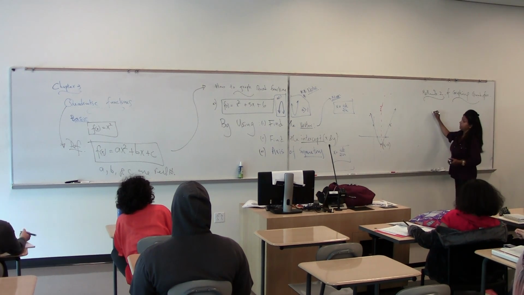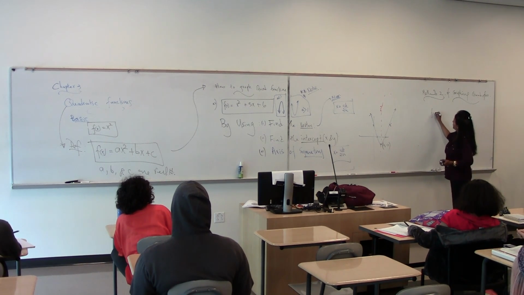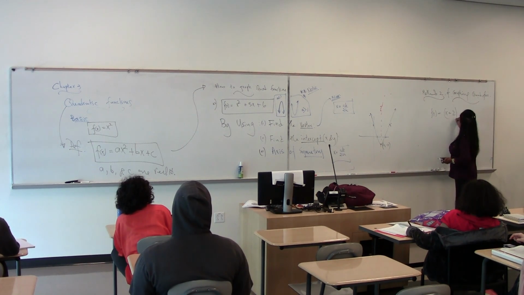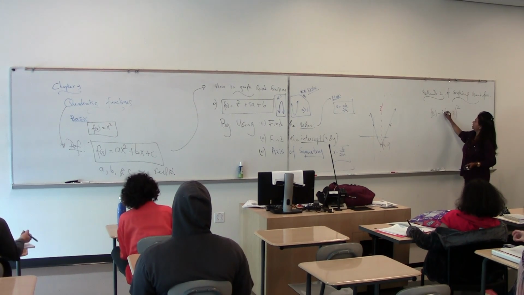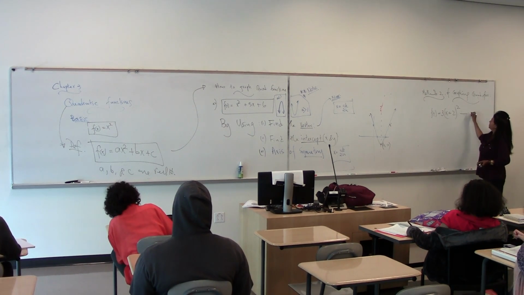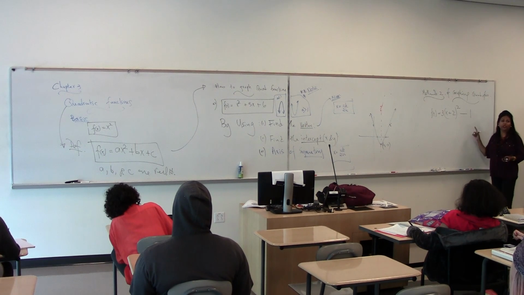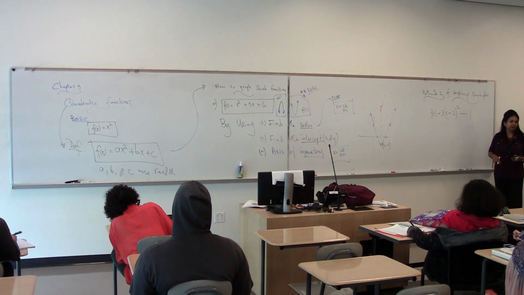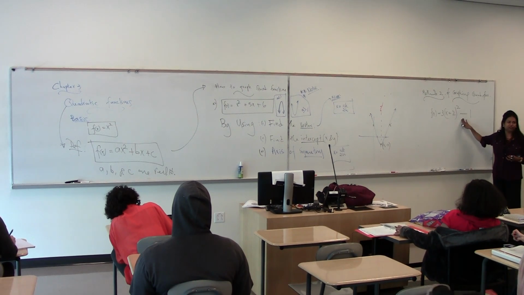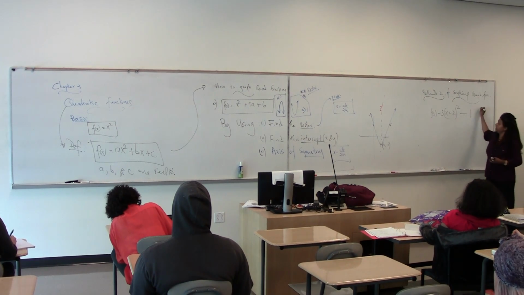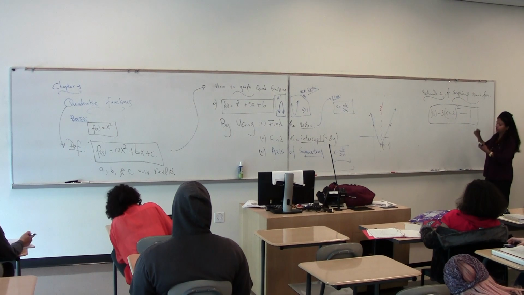If we have something like this, we did this: f of x is equal to 3 times x plus 2 whole thing squared minus 1, something like this. Do we know how to graph this, class? Yes. What do you use for this? I did an example of this also. In order to graph this, what are you going to use?